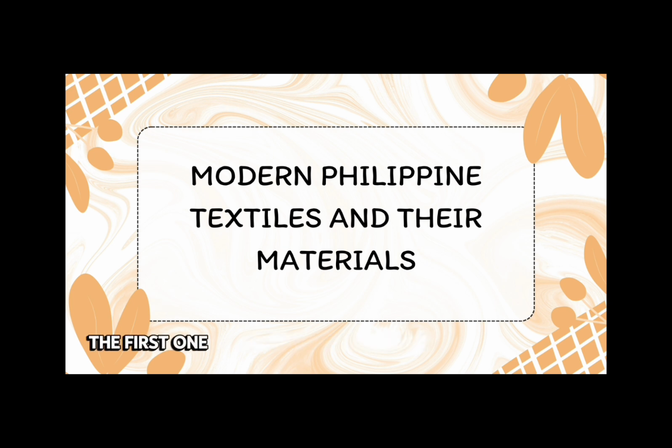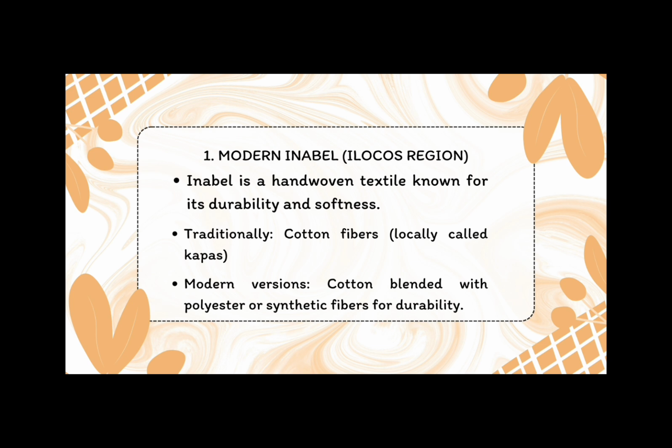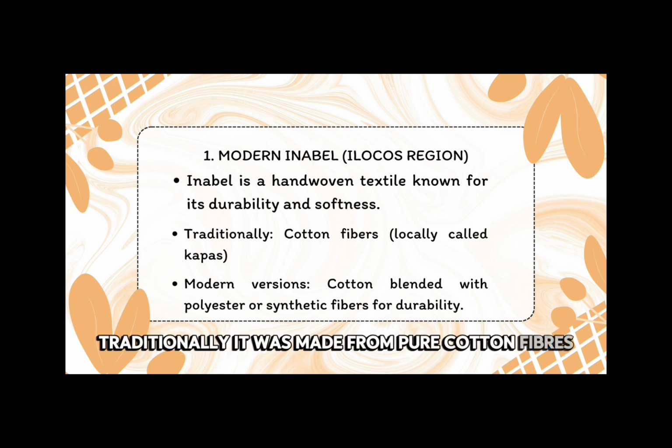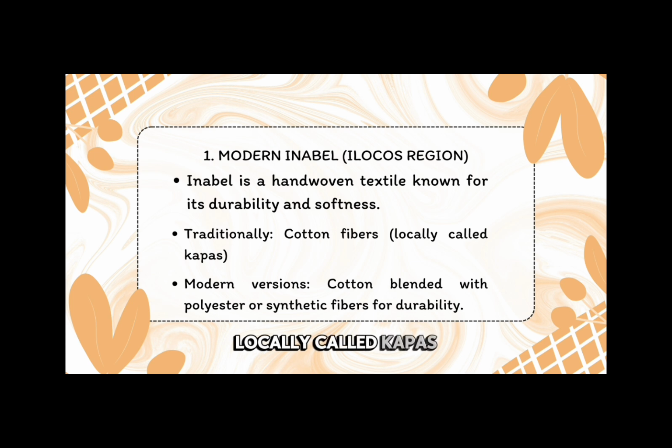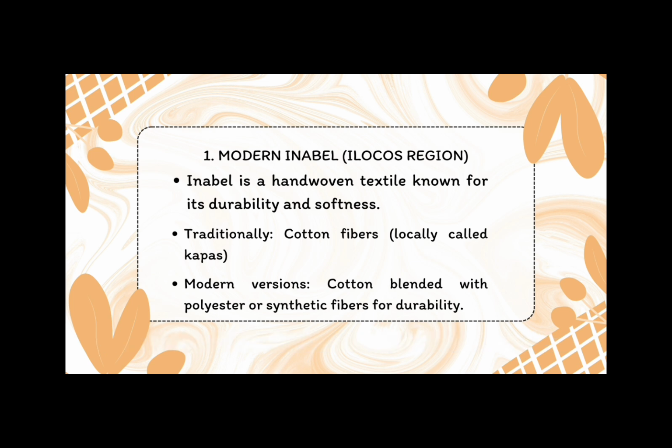The first one is the modern inabel from the Ilocos region. Inabel is a hand-woven textile known for its durability and softness. Traditionally, it was made from pure cotton fibers, locally called kapas. But in the modern versions, cotton is blended with polyester or synthetic fibers for durability.